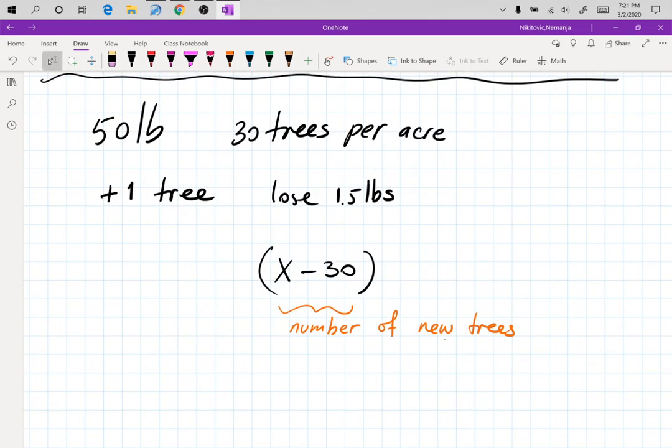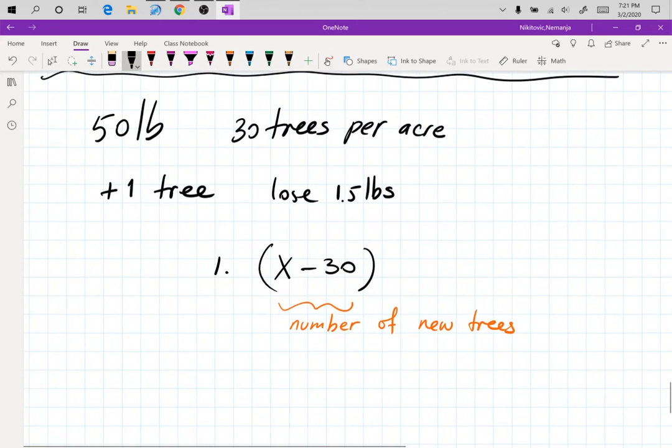Now I am going to multiply that value by the loss per tree, so times 1.5, and all of that will be subtracted from 50 because 50 is the most I can get.